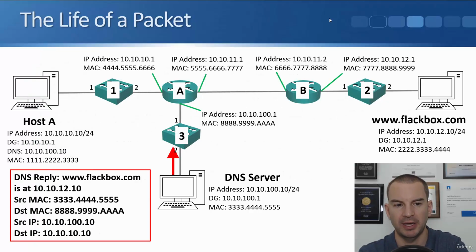So the DNS reply says that www.flatbox.com is at 10.10.12.10, the source MAC is 3.4.5, the destination MAC is its default gateway at 8.9.a, source IP is the DNS server at 10.10.100.10, and the destination IP is host A at 10.10.10.10.